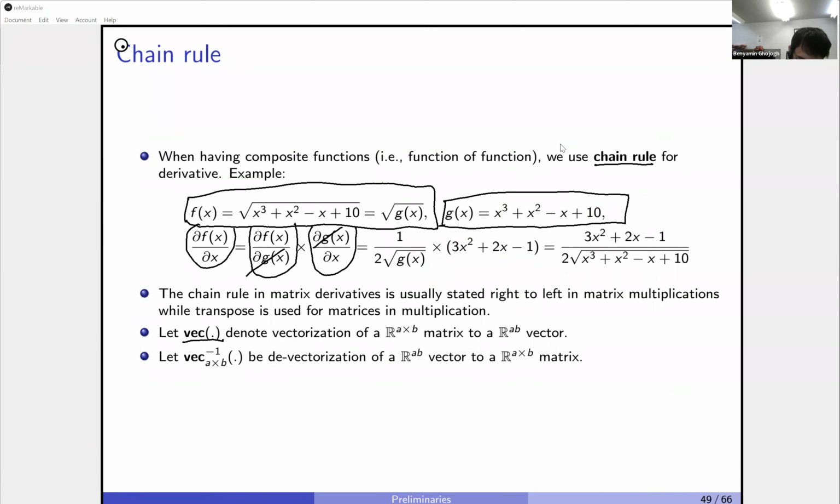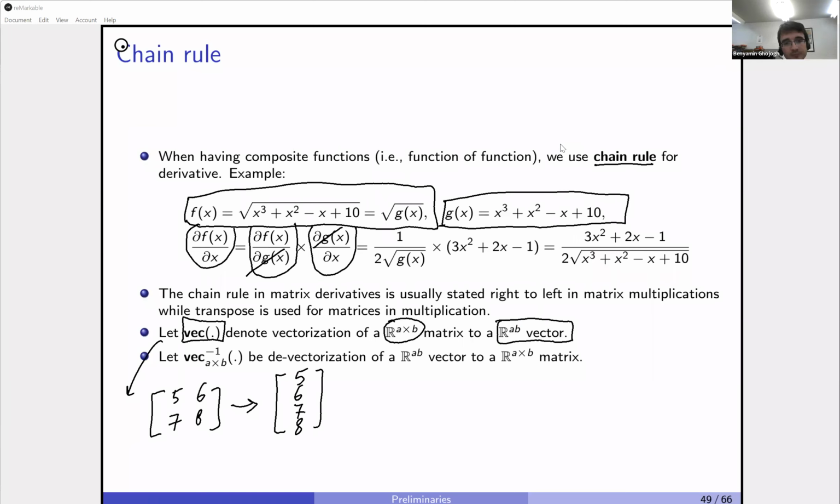And vectorize means that when you have an A by B matrix, you can vectorize it to become an AB-dimensional vector. Example: 5, 6, 7, 8. You can vectorize it to become 5, 6, 7, 8. Right? Also, you can do the inverse, so devectorize it to become again 5, 6, 7, 8.